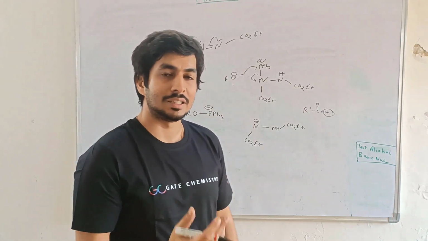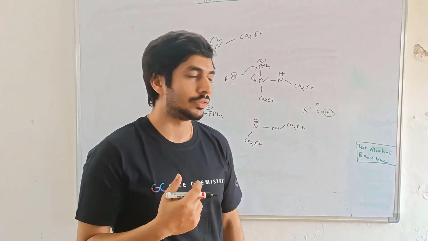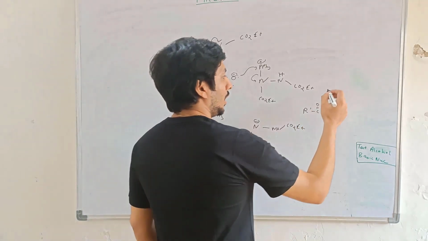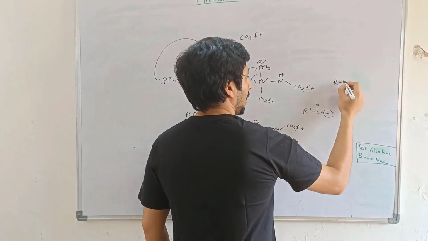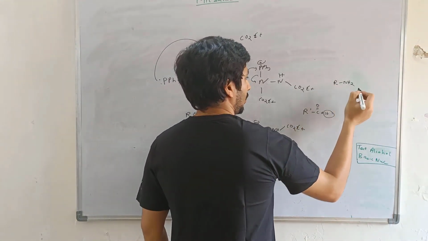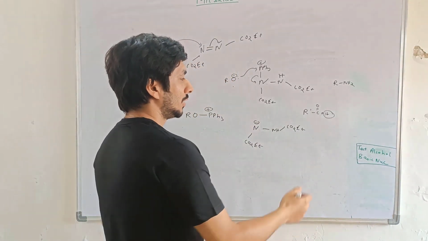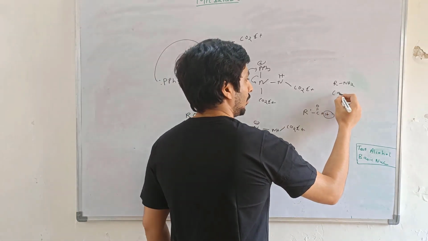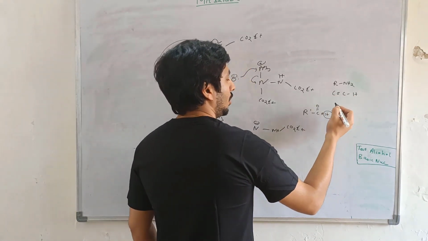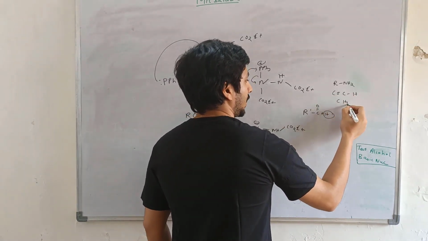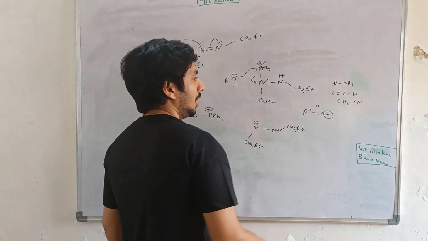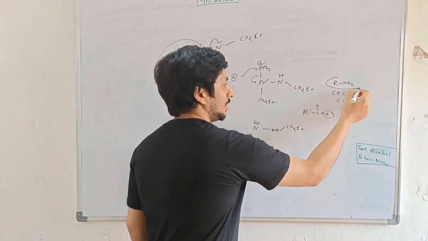But the problem is, if we have some basic nucleophiles, by basic nucleophiles, you can consider, for example, RNH2, any amine, or you could also consider a nitrile or an alkyne, like C triple bond CH. So these are some of the basic nucleophiles you can consider.